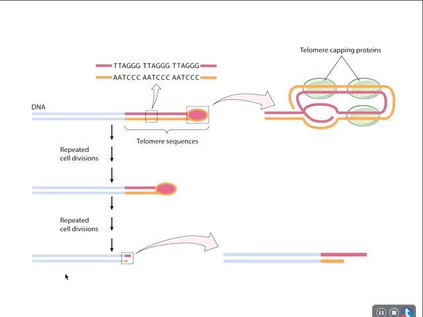The other thing that's been interesting that they're just starting to recognize is some cancer cells develop a mechanism where they can copy a telomere sequence from one chromosome to another. So what they'll do is actually attach the end of one chromosome to another and copy part of that telomere sequence.